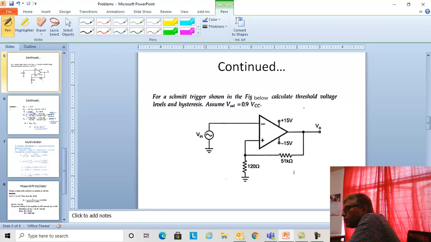You will not have a source here. Instead of the source, you will have a capacitor here, which can charge towards Vsat through a resistor R.